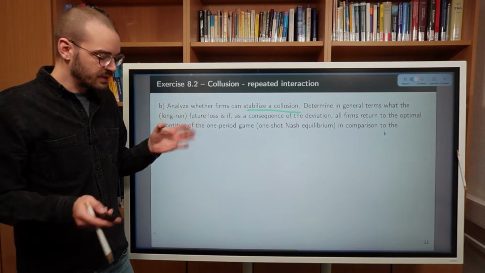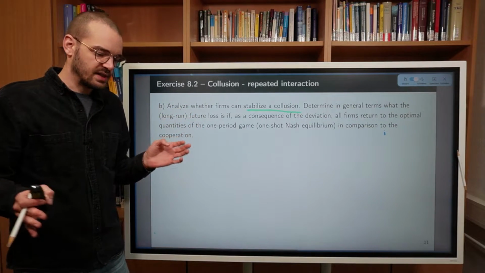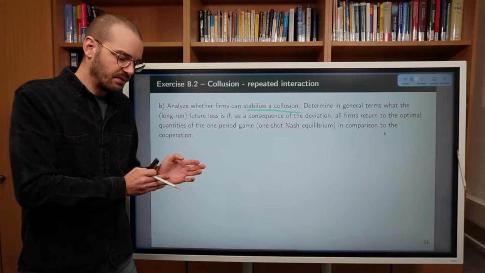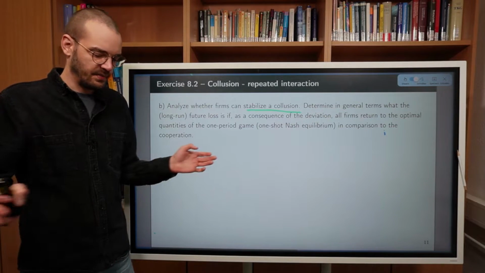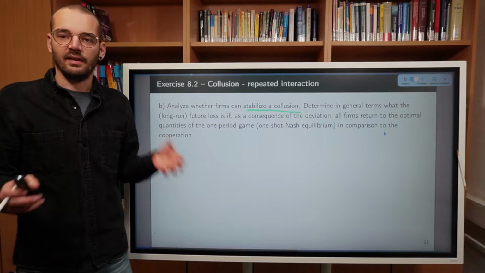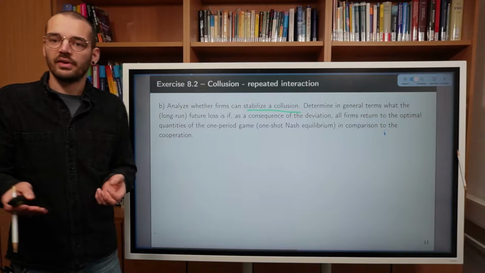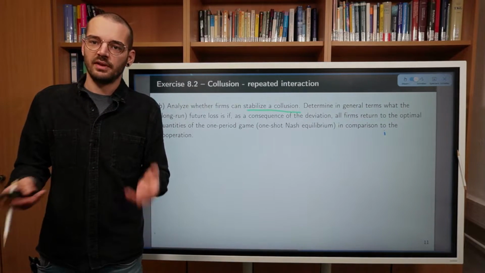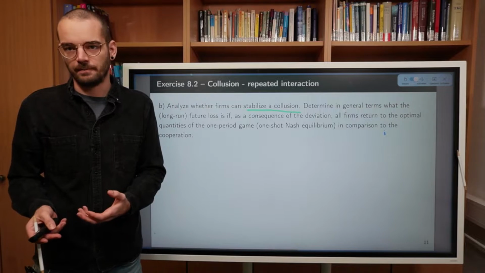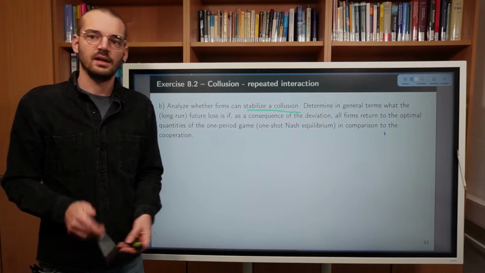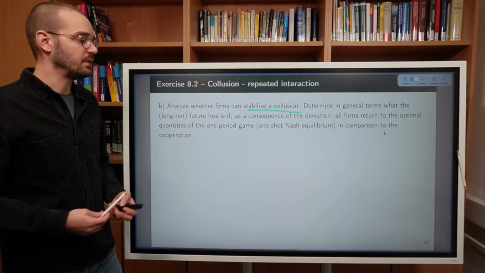And now, of course, from this Grim trigger strategy, there arises an interesting problem, and that is, well, we know that under collusion, profits of the individual firms are higher than under competition. Otherwise, they wouldn't do it. And that's obviously true in this model as well.